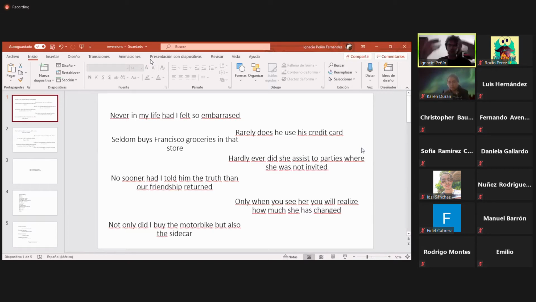Remembering that, what can you find here? Okay, I will put you some more sentences, but they have the same problem or the same point in common.